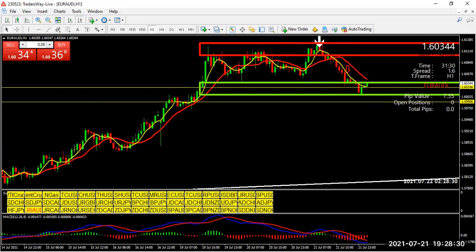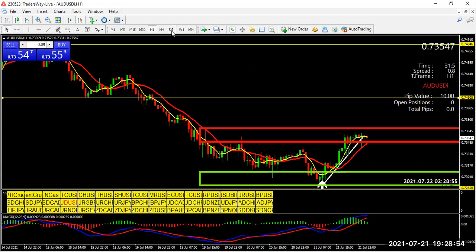It may continue. That's why you never want to just have one or two confirmations, and you need to make sure that your confirmations are solid, right? So the confirmations have not been met, but I will be looking for a buy here so that I can be in alignment with the trend on the daily. So let's go to AUD USD.